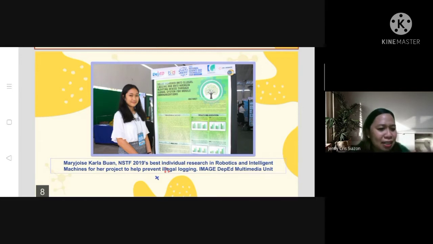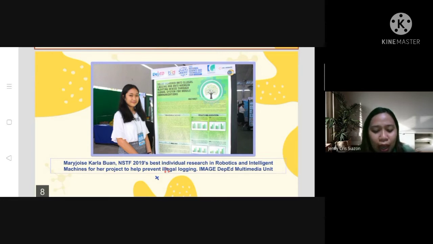Okay. So, ano ba yung ginawa niya? Gumawa siya ng isang device na kung saan nilalagay, no? Ina-attach doon sa mga puno, sa forest, ina-attach ito. So, this device can detect sounds, no? Sounds, can detect flame, can detect smoke, okay?